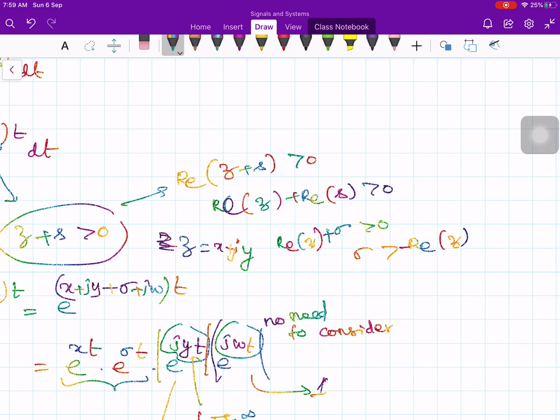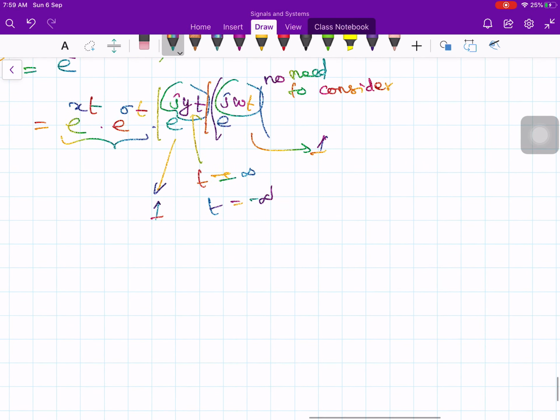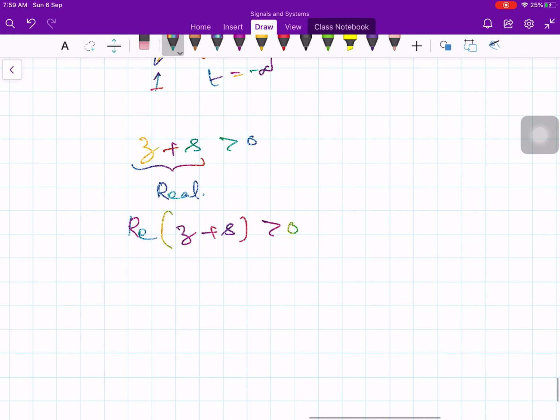As I said, we always worry about the real part. So the real part of z plus s must be greater than 0, so the real part of s must be greater than minus of the real part of z.